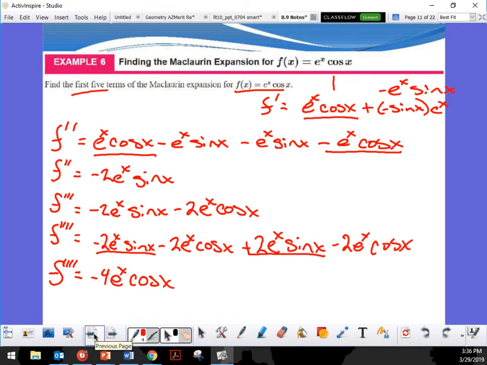So let's see. So shouldn't it be 0? Because it should be the second. Oh, it's going to be the first. So it's going to be that one there, right? It's just going to be the first derivative, but 4 instead of 1 and negative. So it should be plus 4 sin x, right?